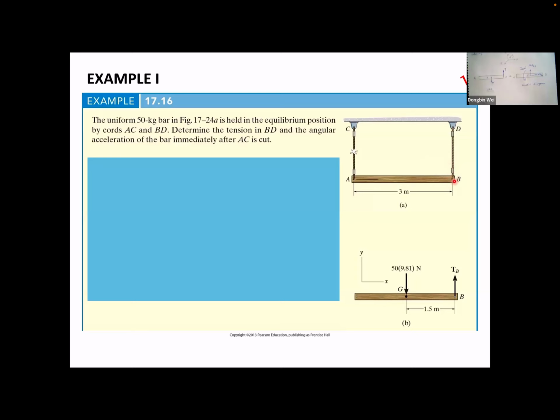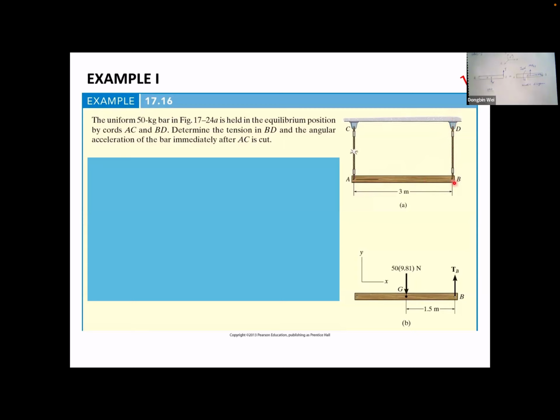At this instant, because this bar AB is still horizontal, and this cord DB is vertical.